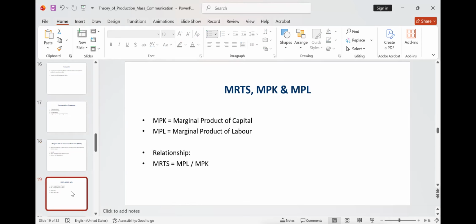That is what we just did here. So you can see MPK is marginal product of capital, MPL is marginal product of labor, and the relationship is that MRTS is equal to MPL over MPK.